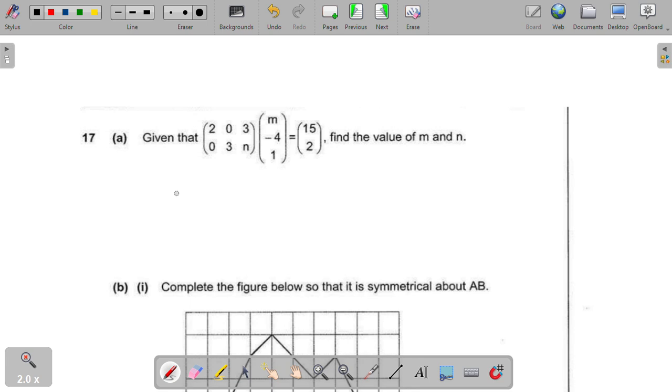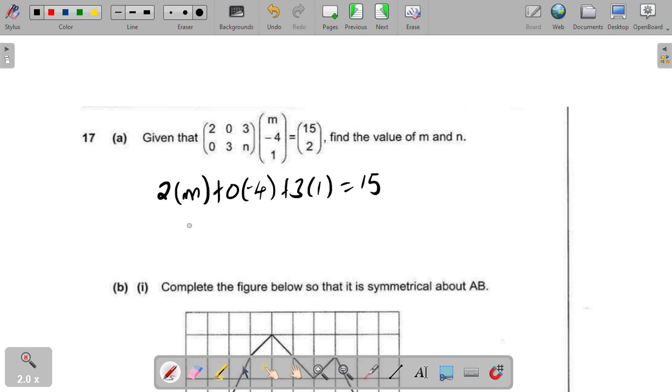Our first row, 2 multiplied by m plus 0 multiplied by -4, plus 3 multiplied by 1, equals 15, the one on top there. So we are finding the value of m and n.